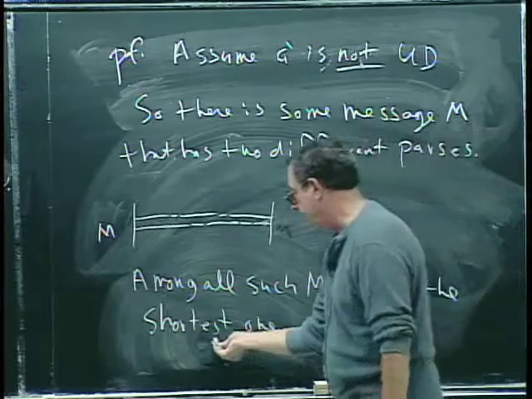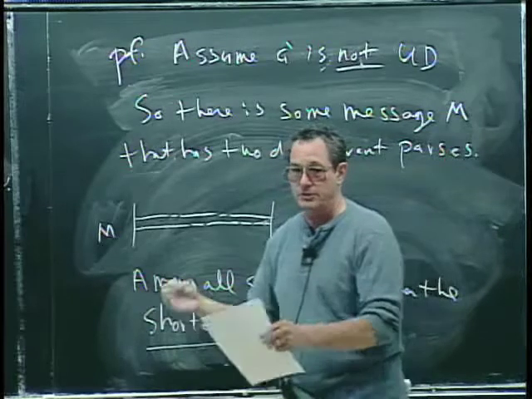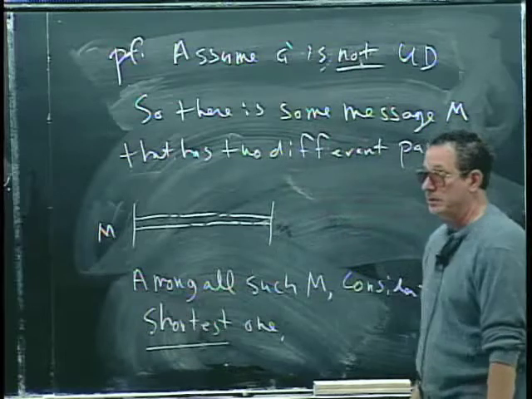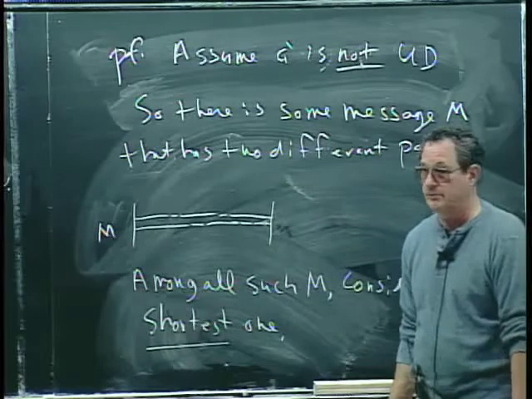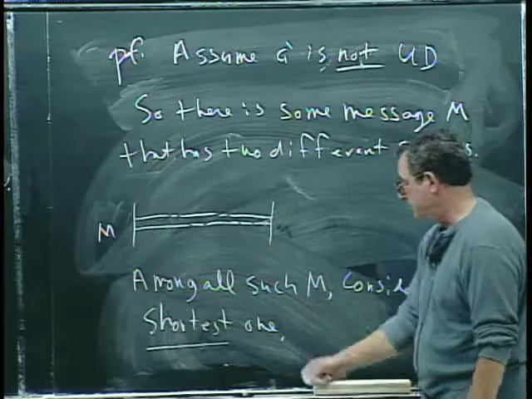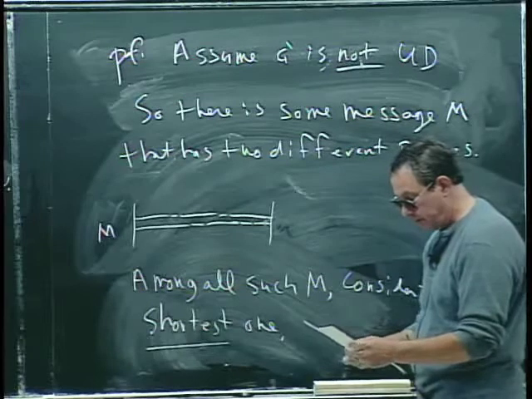That's going to simplify things. A lot of times in proofs, taking an extreme case, the shortest, the longest, whatever, helps in constructing the proof. So here we're going to take the shortest such message.